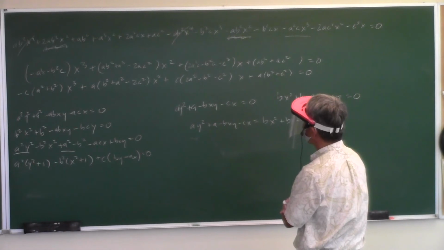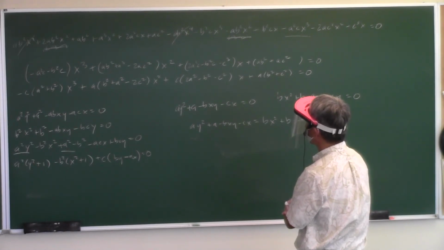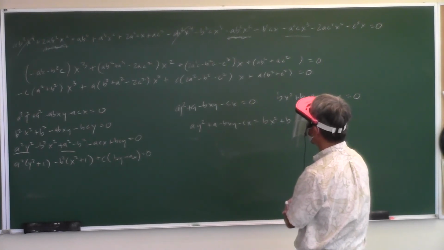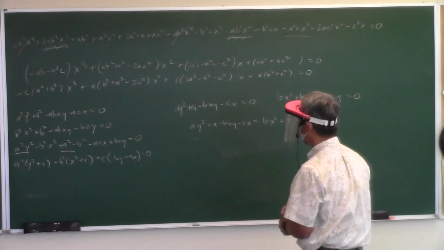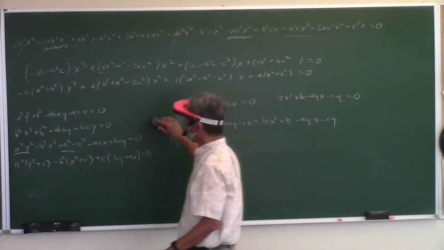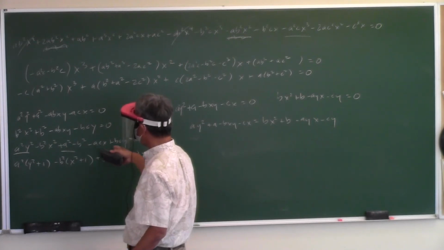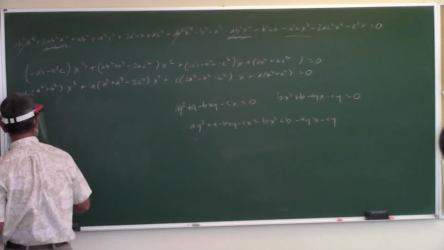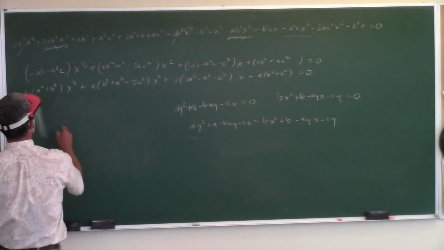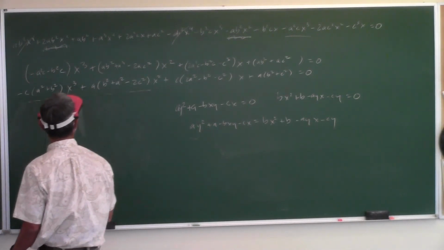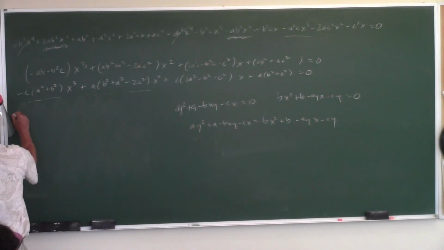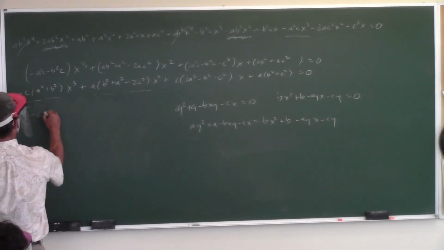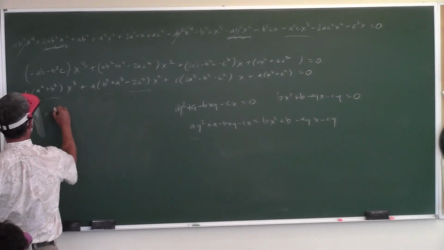Okay, this one right here. Let's just try factor by grouping and see what happens. What can you factor out from these two terms? X squared, right? What's going to be left? Minus cx, a squared.